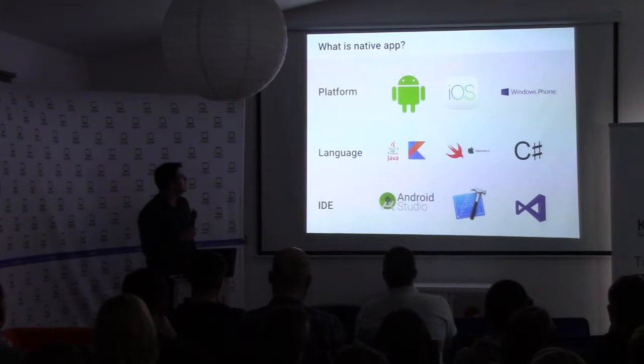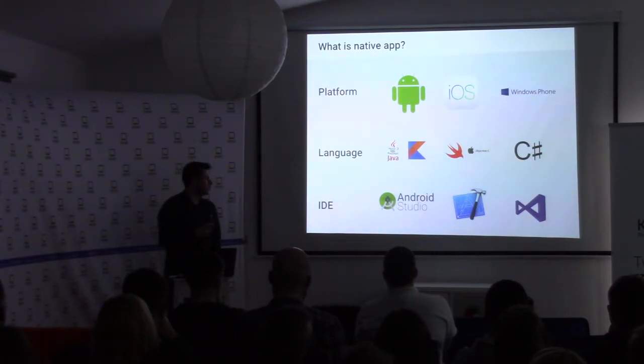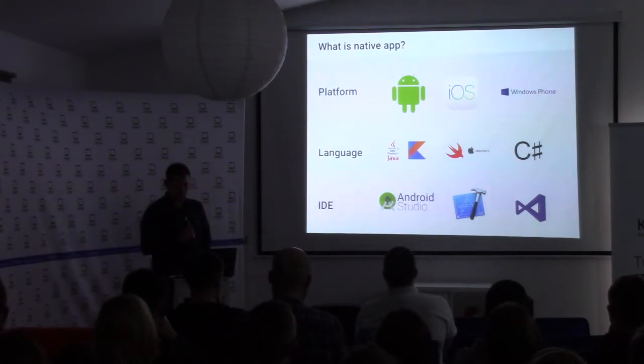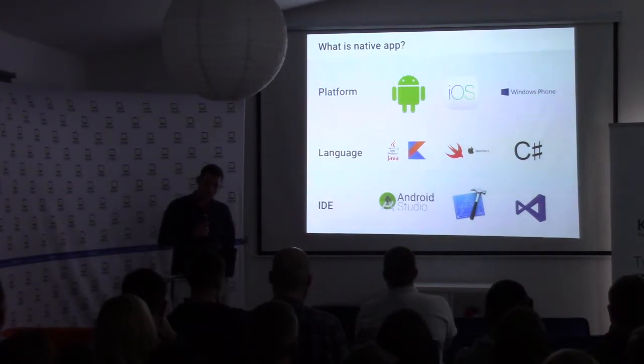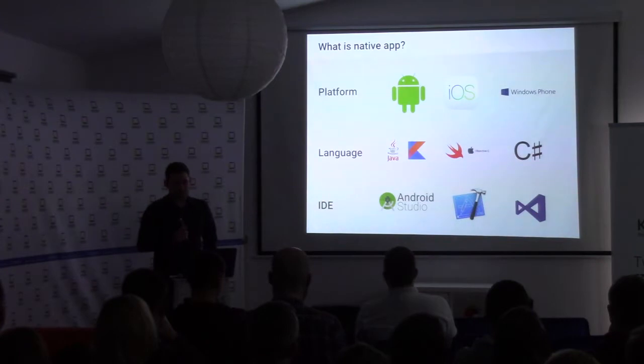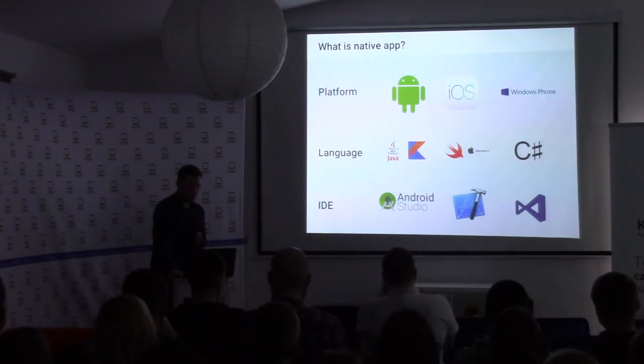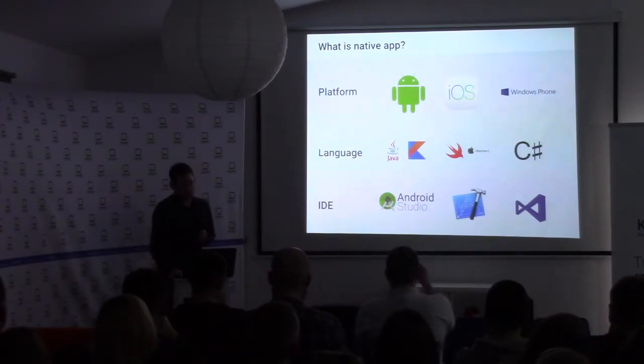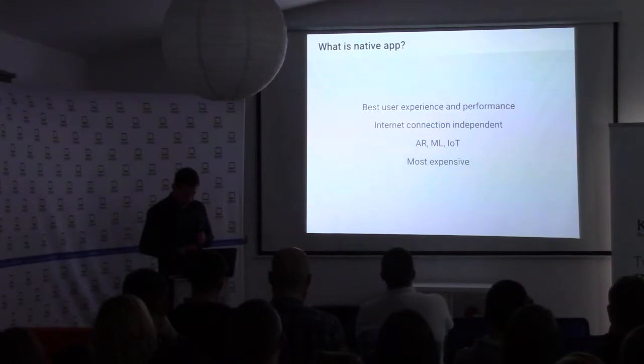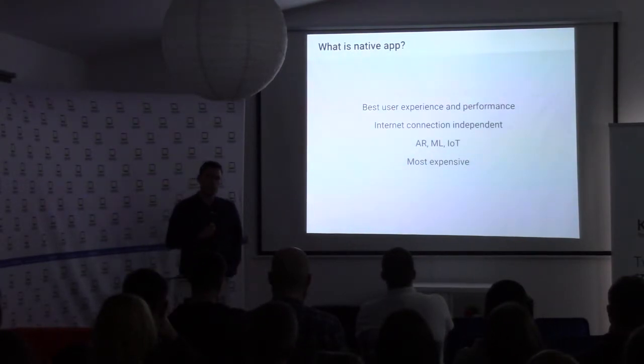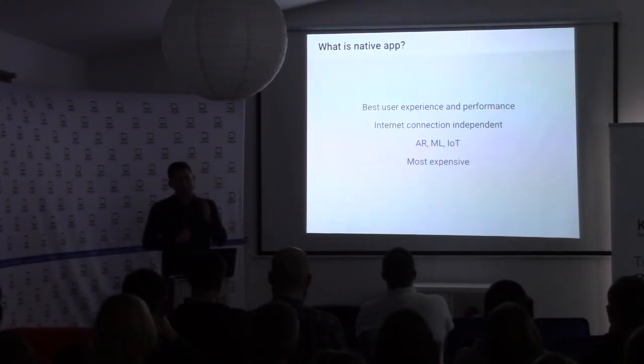And we build them with native technologies like Java or Kotlin for Android, Swift and Objective-C for iOS, or C# for Windows Phone. And in order to build them, we need Android Studio, Xcode, or Visual Studio. Native apps provide the best user experience and performance.